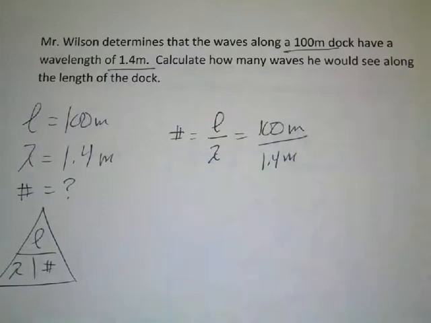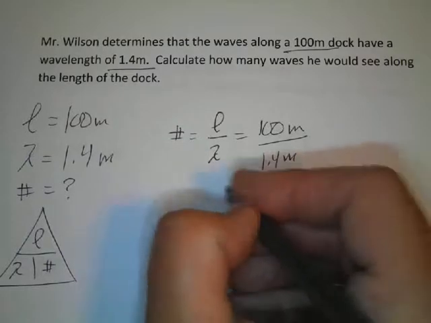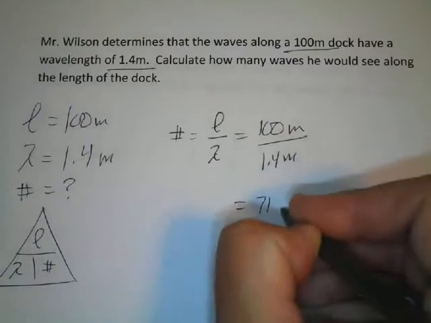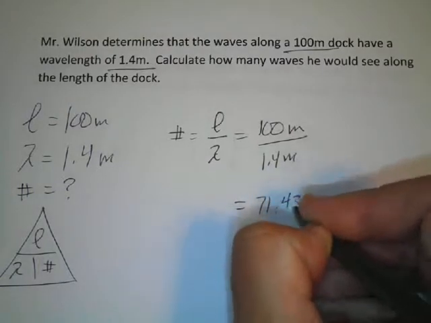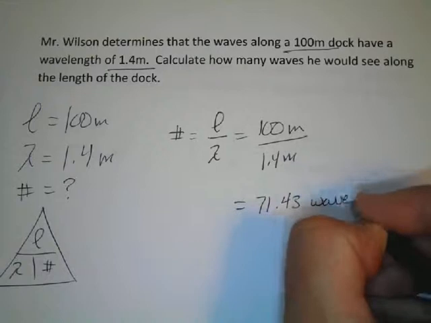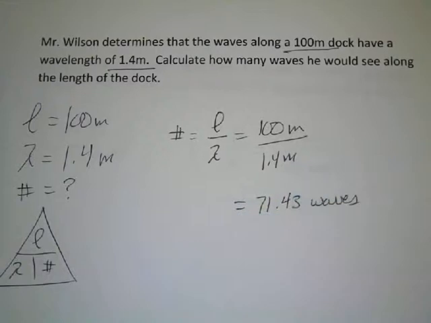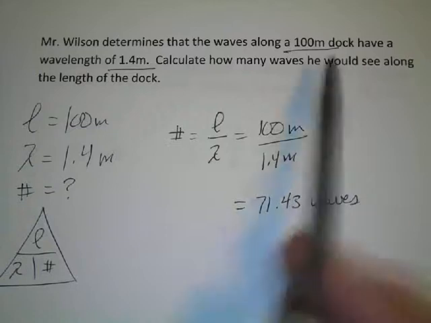When I run the calculations, I get a number equal to 71.43 waves. Make sense? Isolate what's given to you, figure out what your formula is, plug it in.